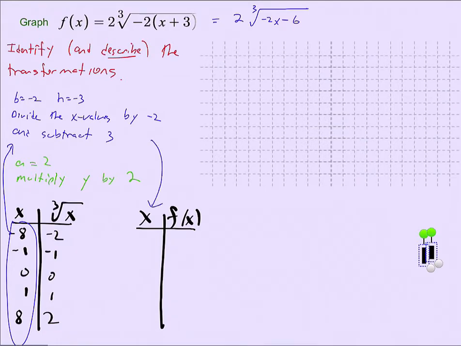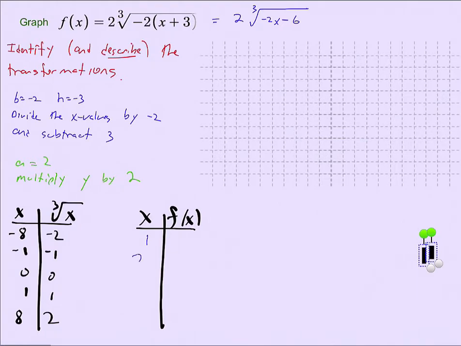So I'm going to take the -8, -1, 0, 1, 8. I'm going to divide the x values by -2, and then subtract 3. So first, -8 divided by -2 is 4. Subtract 3 is 1. I was taking this -8, following my directions to turn it into a 1. -1 divided by -2 is 1/2.